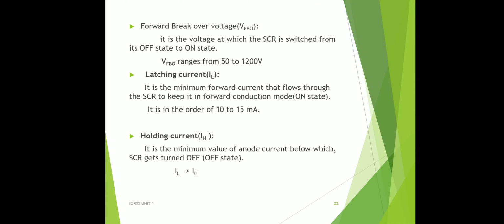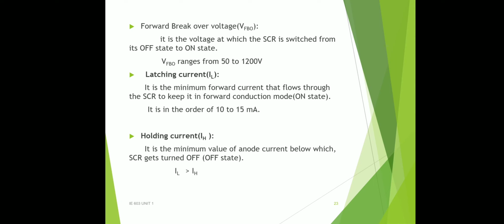That is forward breakover voltage. It ranges generally from 50 to 1200 volts. Why? Because based on the positive pulse applied at the gate, this forward breakover voltage changes. Maximum forward breakover voltage occurs with gate open.